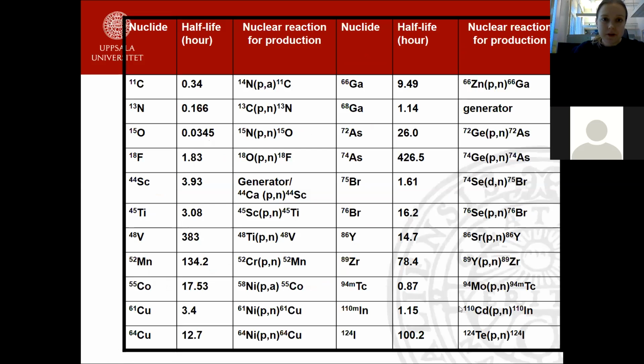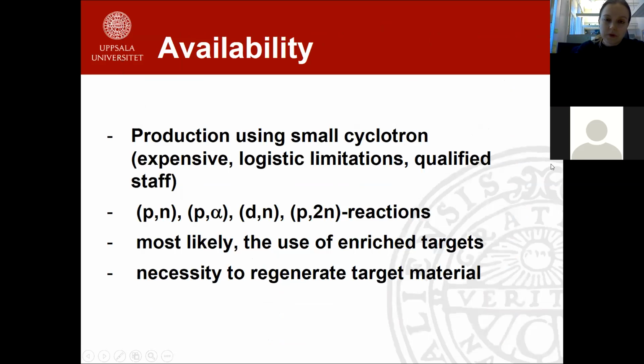So if we look at all the nuclides that can emit positrons and can be used for PET, this table summarizes the nuclides, their half-life in hours, and the reactions used for production. We can see that we have quite a large choice of nuclides, but then we can categorize them into different categories. First is availability of the nuclides.